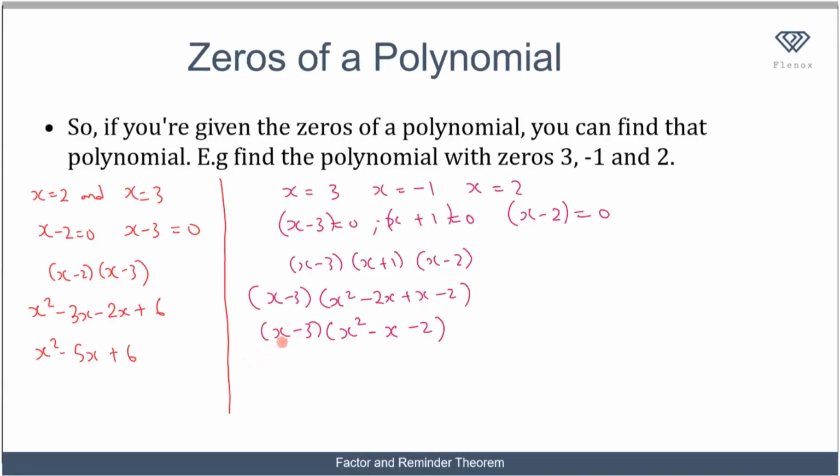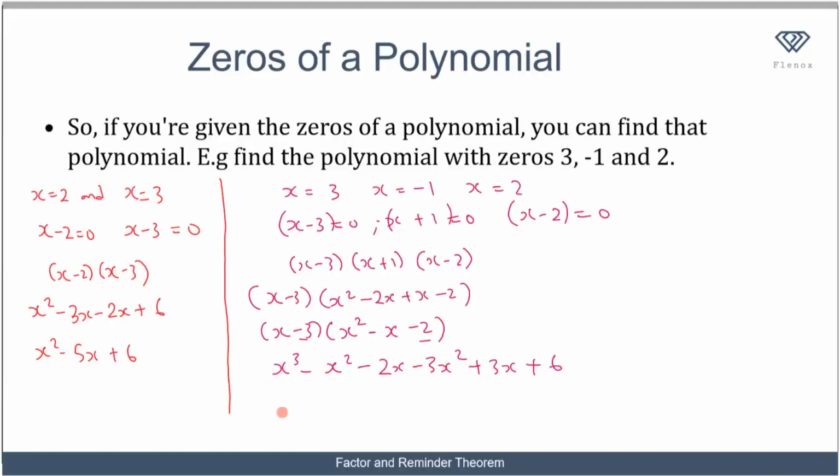So I can expand this, and this will be x times x squared, which gives me x cubed, then minus x squared, then minus 2x, then minus 3x squared, then plus 3x, then plus 6.